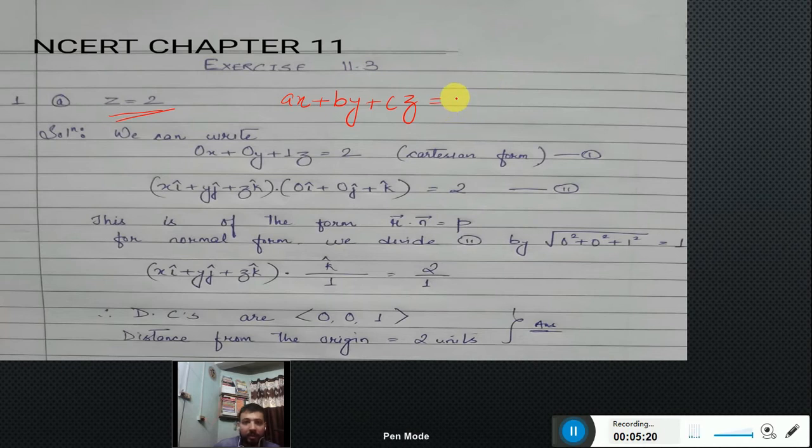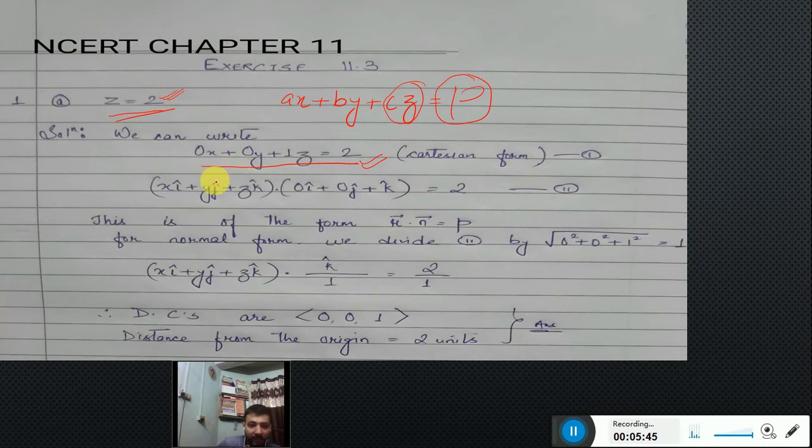Now look at this. Only the z component is there. This is not the distance yet. It is written like this: 0x plus 0y plus 1z equals 2. This is the form of the plane.